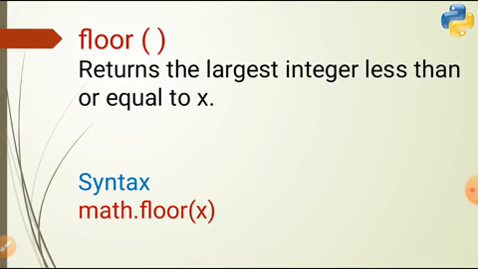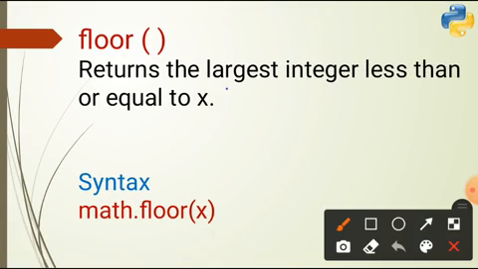The first function given in our book is floor. The floor function returns the largest integer less than, kindly notice the point, it returns the largest integer less than or equal to x. So what does it describe?